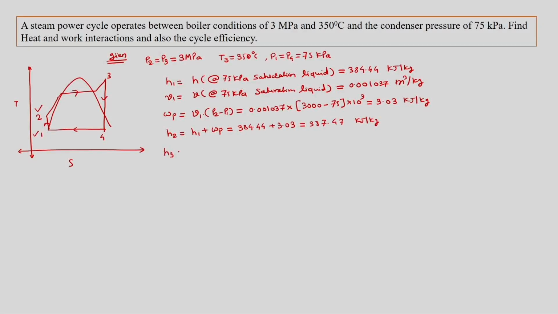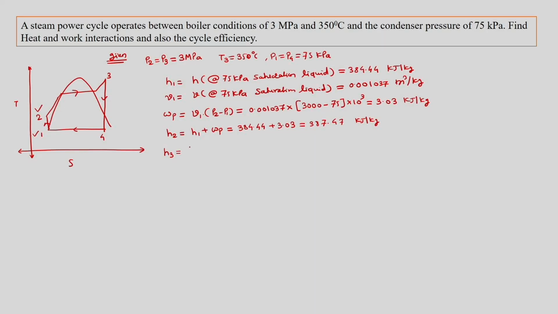So we will go to H3, and obviously as expected we will first see what is the saturation temperature corresponding to 3 megapascal, and it would turn out that our given temperature 350 degrees Celsius is more than that.